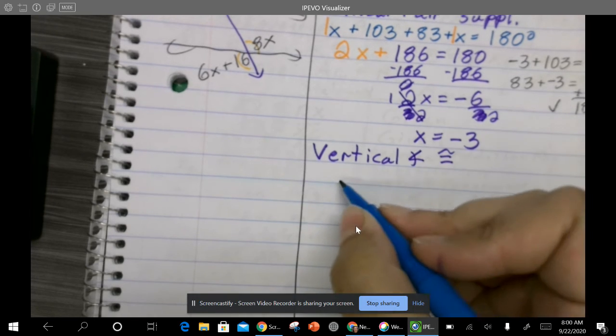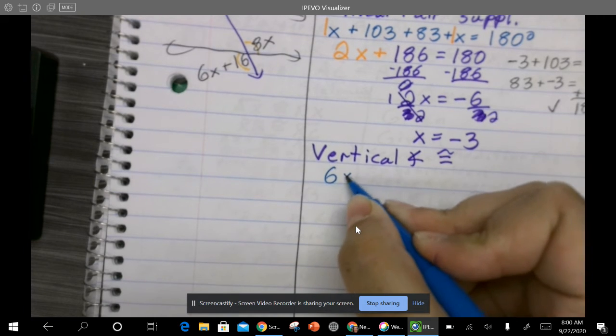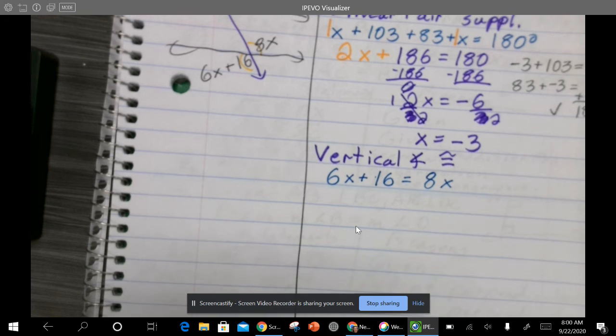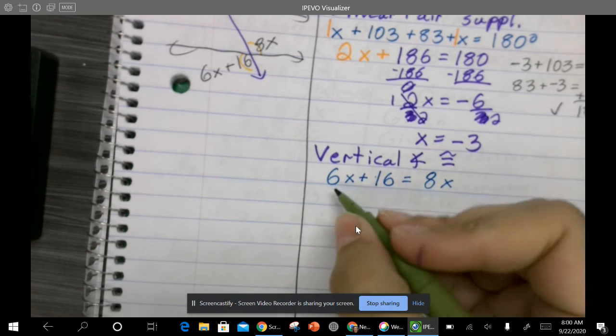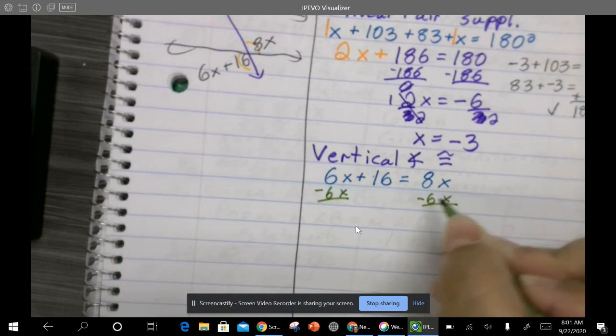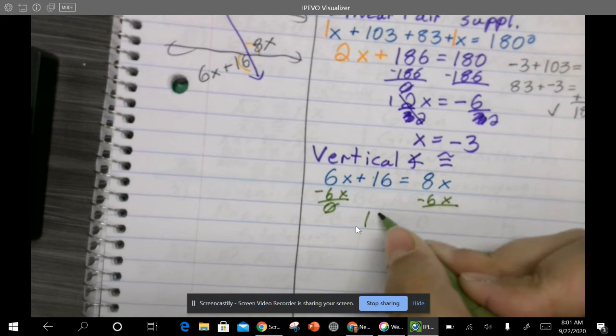So we're going to set those two equal to each other. So 6x plus 16 is equal to 8x. I'm going to subtract 6x from each side, so I don't have a negative coefficient. Remember, what we do to one side, we've got to do to the other side.